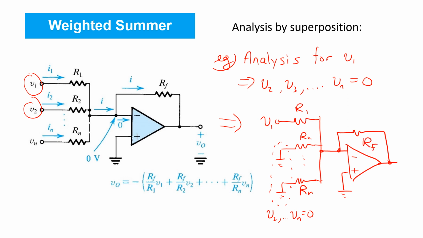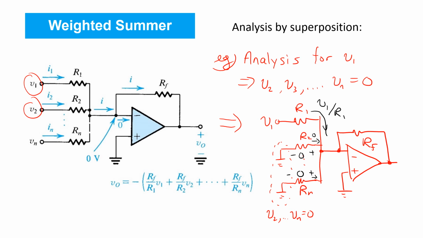Now, since all these other branches have 0 volts across them, there's 0 current flowing in all these other branches. So the only current flowing is the current V1 over R1 coming from input V1.